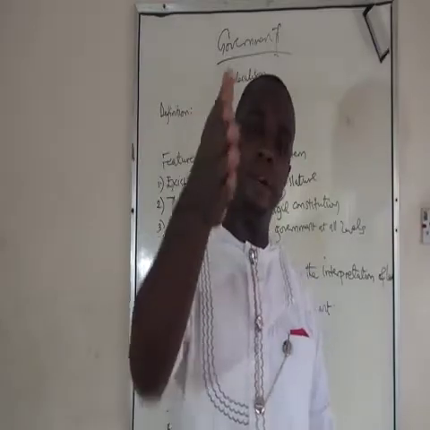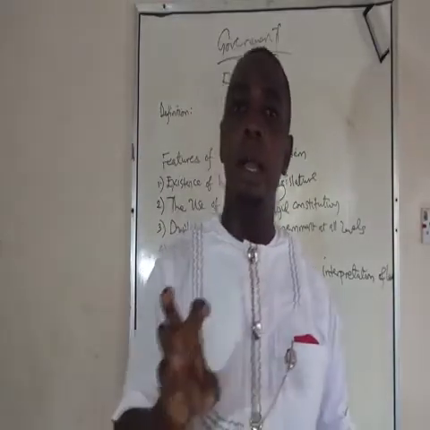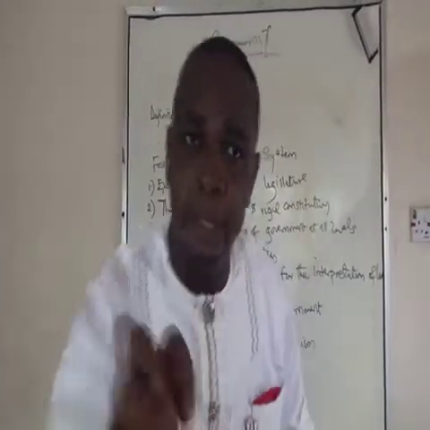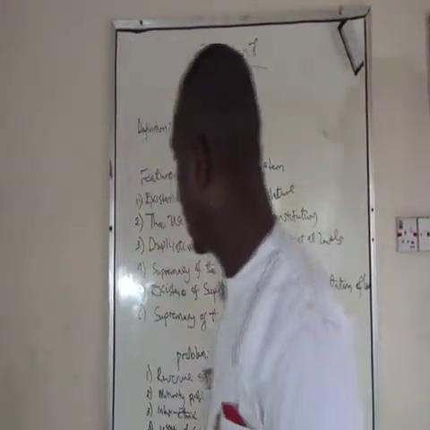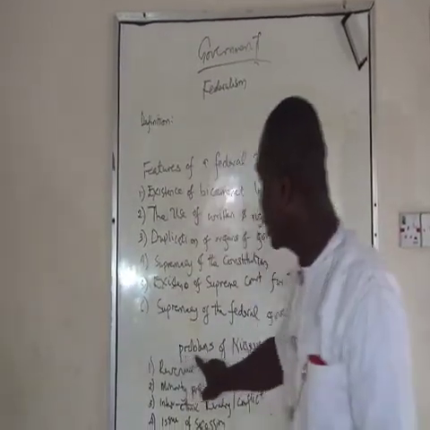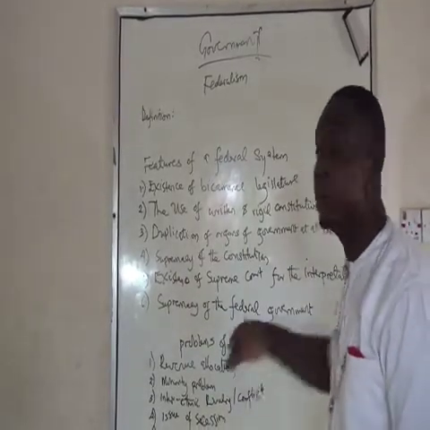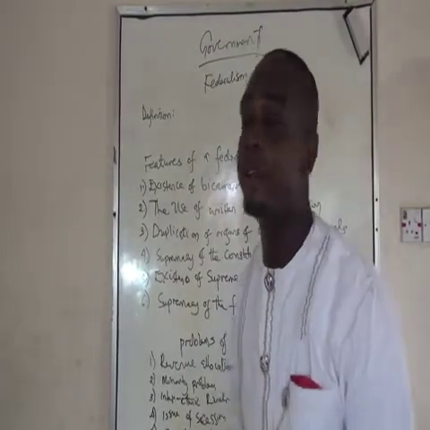Now, given that the federal system is a system that Nigeria practices, even if it doesn't really practice it in an ideal sense, Nigeria usually experiences problems with the practice of the federal system.